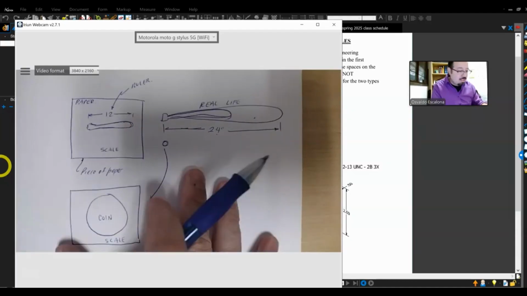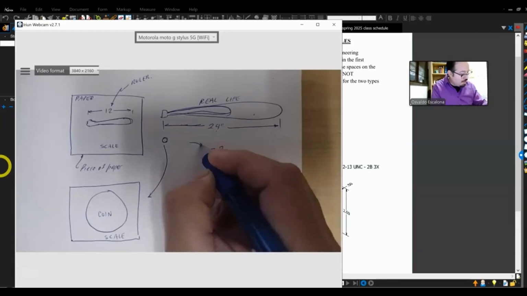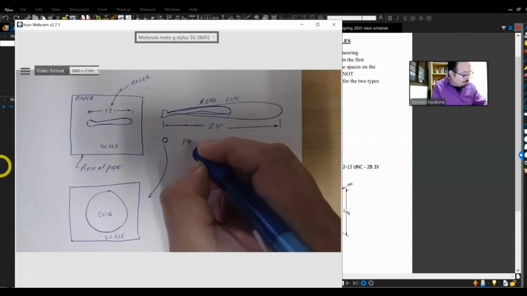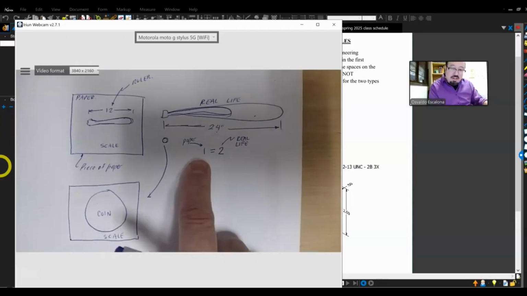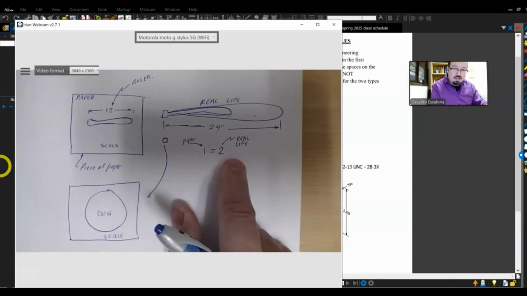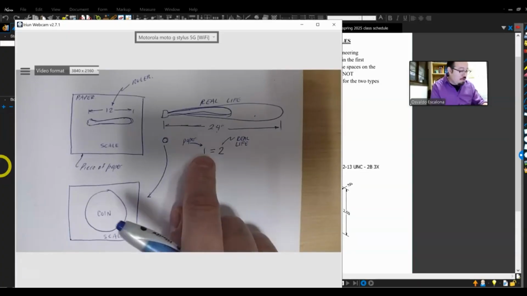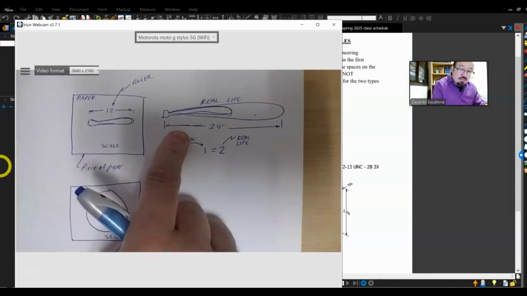You can represent this as 1 equals 2. The left side is what we call the paper, and the right side is what we call real life. For every unit on the paper, you get 2 units in real life. So if I measure 1 inch on the paper, it signifies 2 inches in real life.